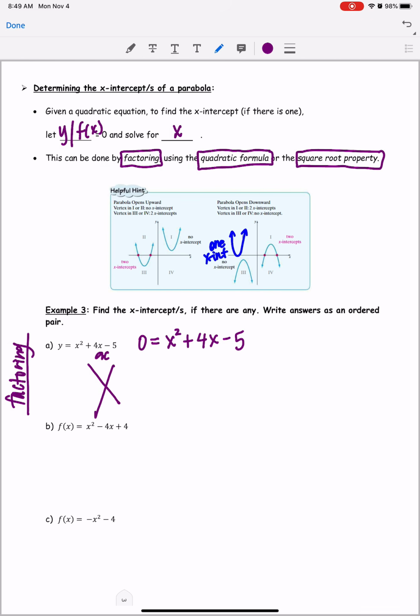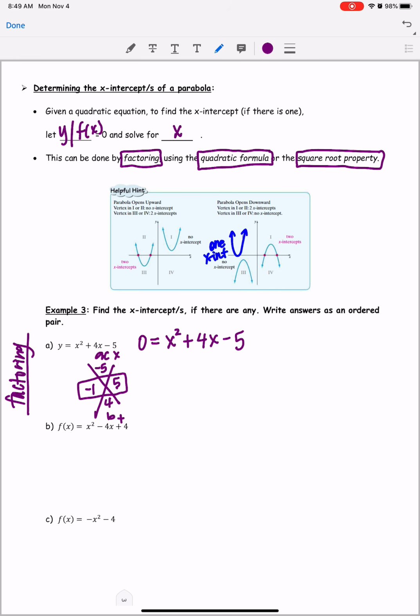My a times c is 1 times negative 5, so that's going to give me negative 5. My b term is this 4. So what adds up to b and multiplies to ac? It's going to give me negative 1 and positive 5.